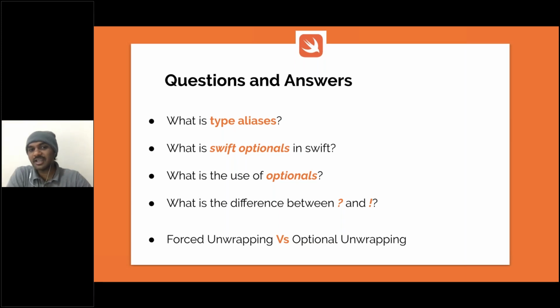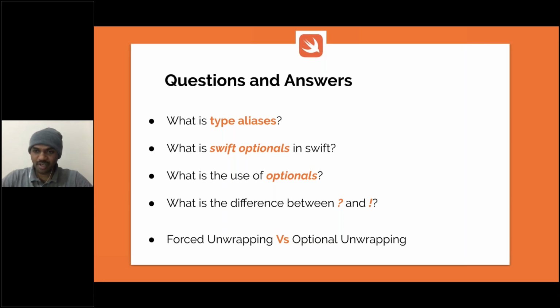That is one. And the second one is sometimes the application needs data from the server and maybe the data sometimes exists, sometimes may not exist. So this optional is a good approach, which says that if the data is there then only try to use it, if the data is not there I can maintain a crash-free application. So we can utilize the memory more properly according to the requirement.